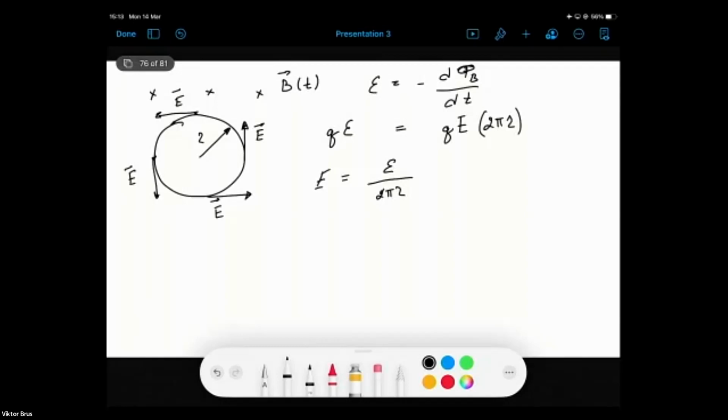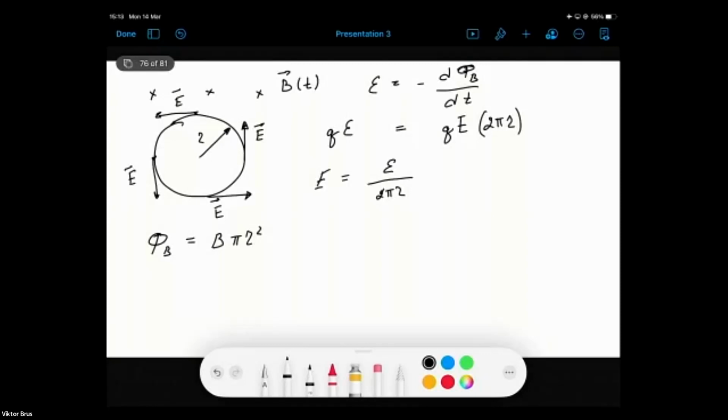For instance, in our case, magnetic field flux will be equal to the magnitude of magnetic field vector times pi R squared, which is the area of the loop.